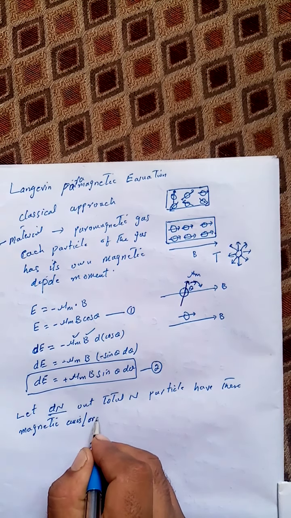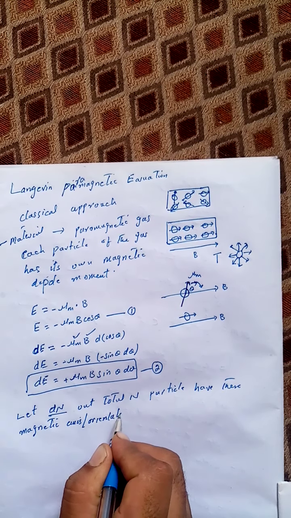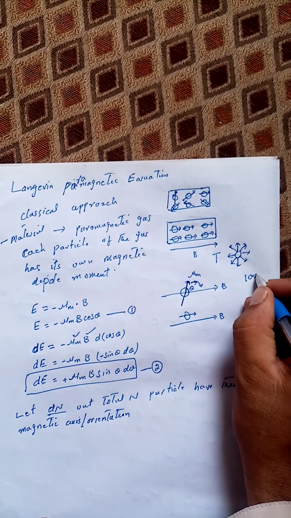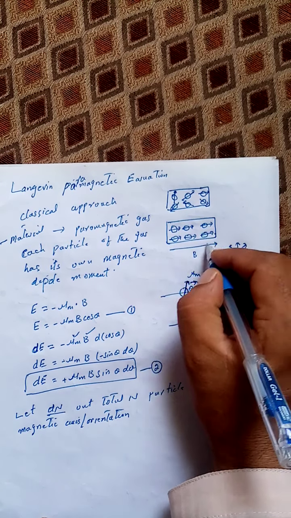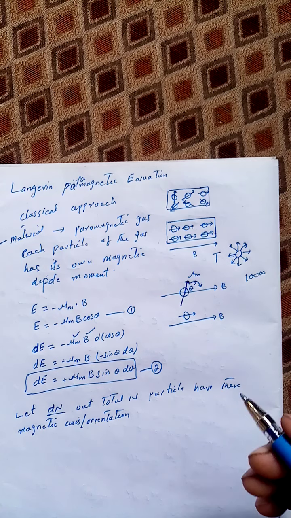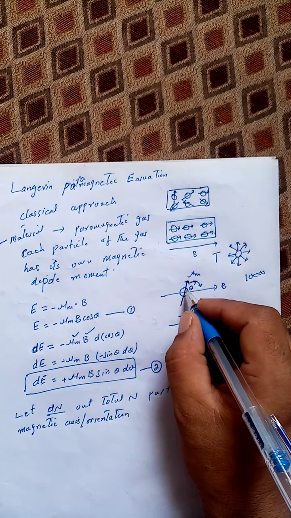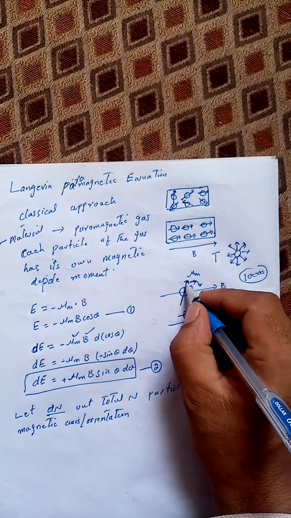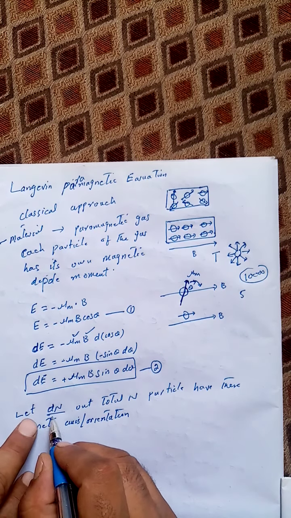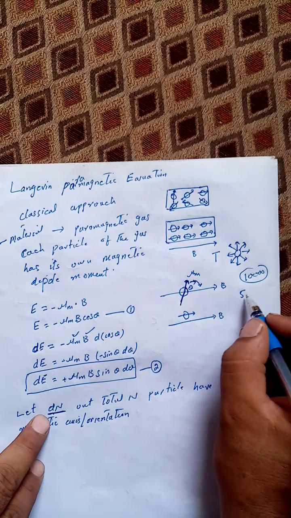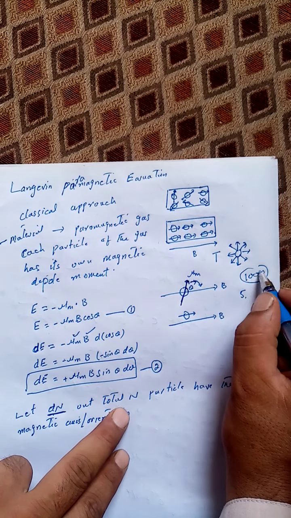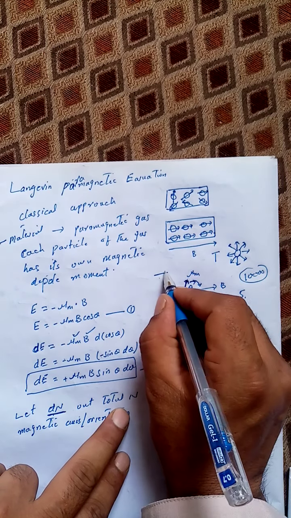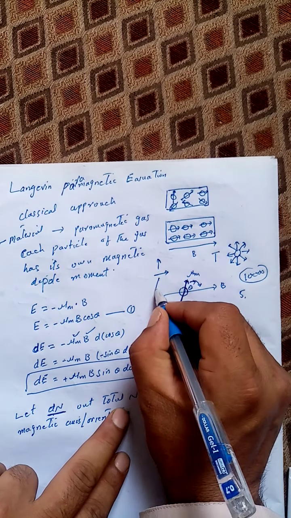Like, suppose there are 10,000 atoms in this small material, and only 5 of these 10,000 atoms have this orientation. So dn is the 5 atoms out of the total n, which is 10,000, that have this orientation, while the rest of the atoms have different orientations. Might be this one, might be this one, or might be this one.